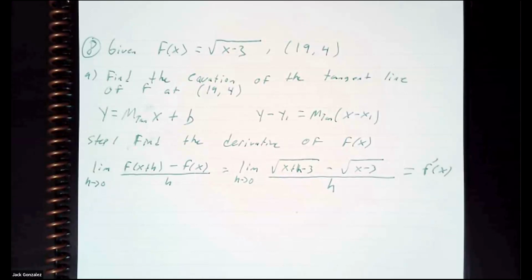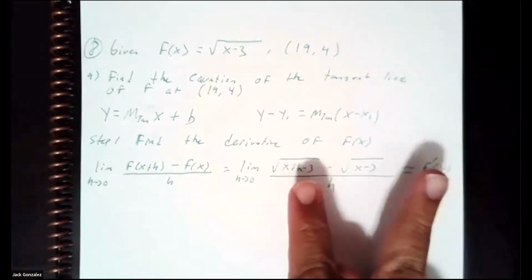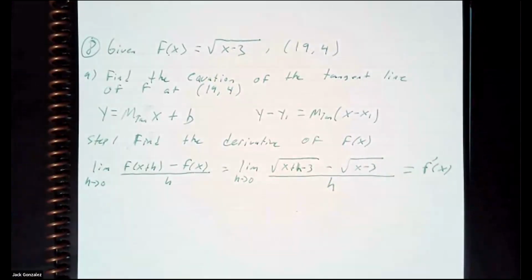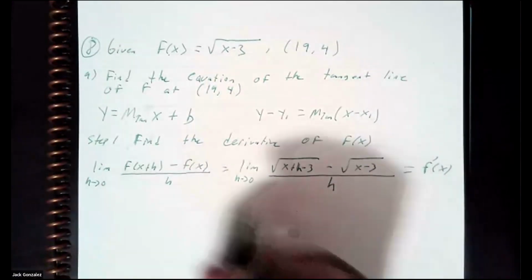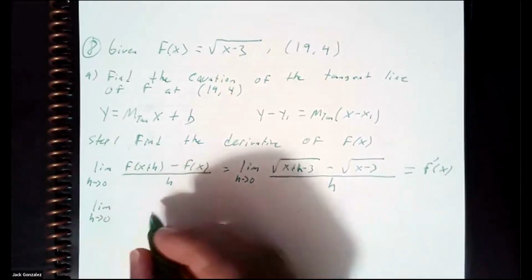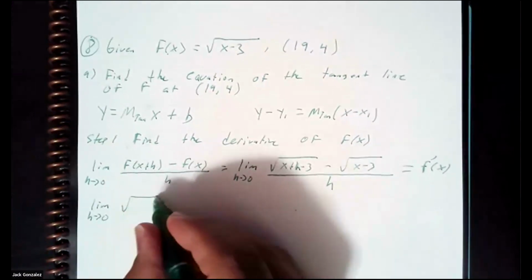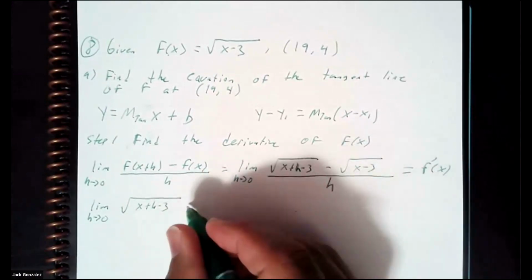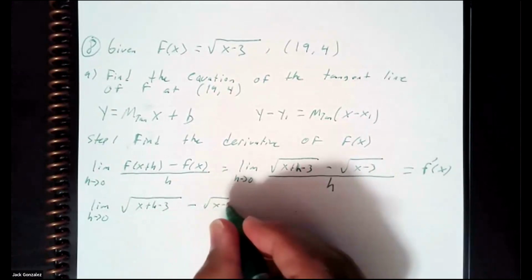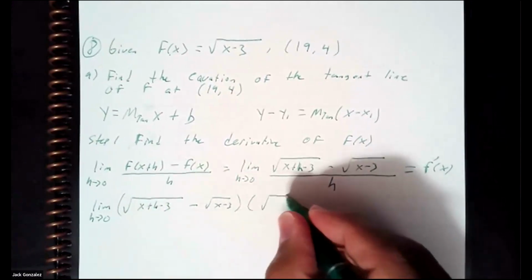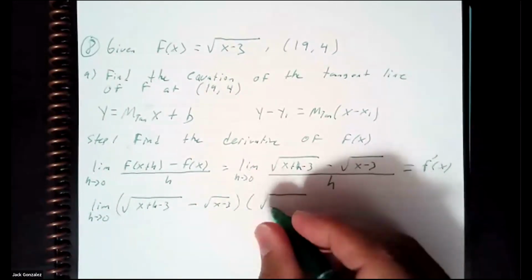We got to do the conjugate now, right? Do you remember? Multiply by the conjugate on top and bottom, multiplied by the conjugate of the square root part.